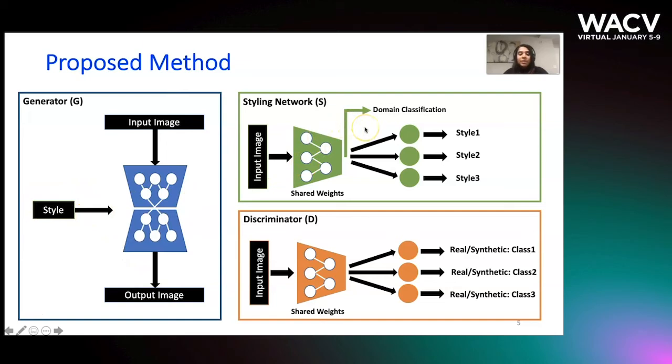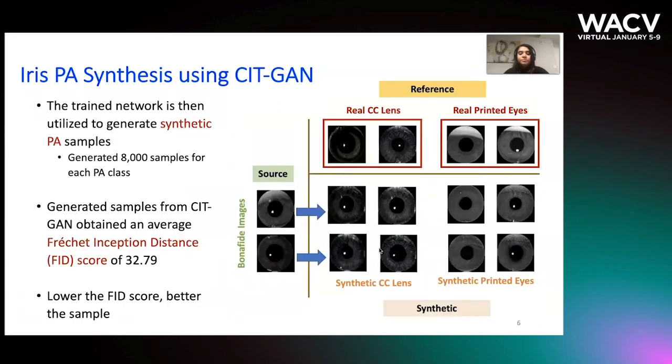The styling network, as shown in green over here, extracts the style code from a given reference image and uses that as domain style information in the generator. In the multi-domain style transfer, unlike standard GAN, the discriminator decides for each domain whether the given image is real or synthetic. Now finally, to guarantee that the generated images properly preserve the domain invariant characteristics of their input image, we employ the cycle consistency loss.